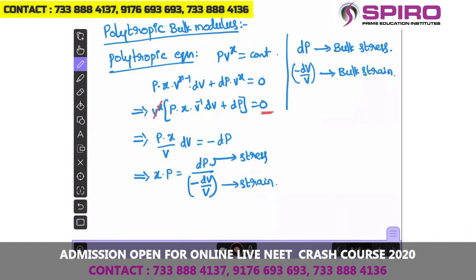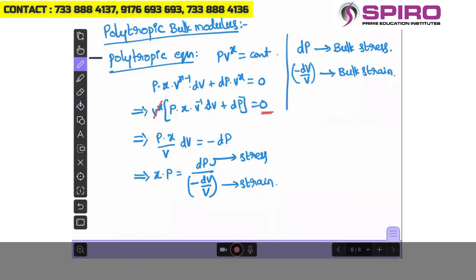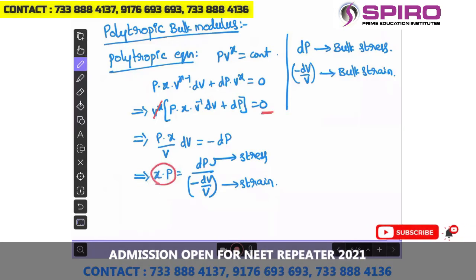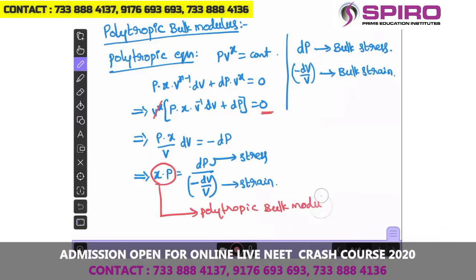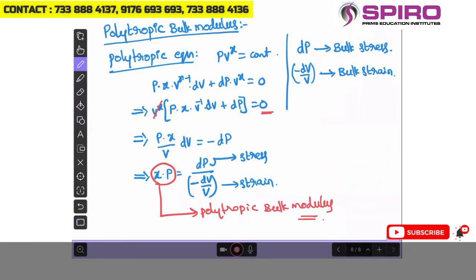So x times the pressure is nothing but the polytropic bulk modulus. Previously we have seen isothermal bulk modulus, and afterwards the adiabatic bulk modulus. Now we are coming across the polytropic bulk modulus.